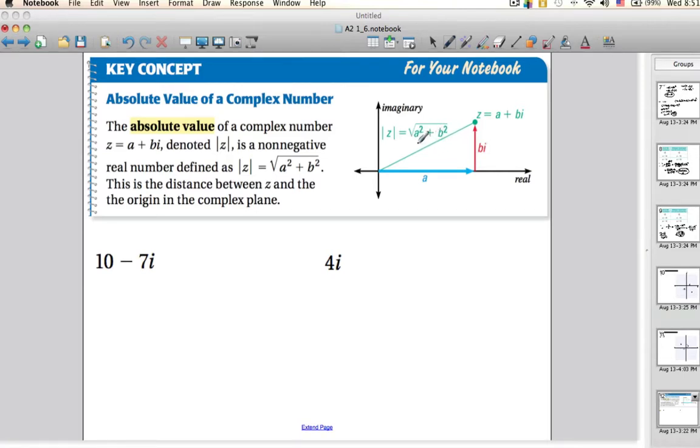Okay, so again, you'll notice I'm not working with i, right? I'm working with the coefficients involved, the real number and the coefficient from the imaginary number.